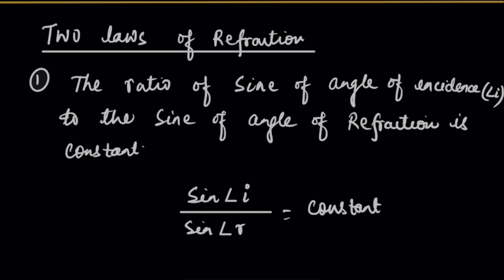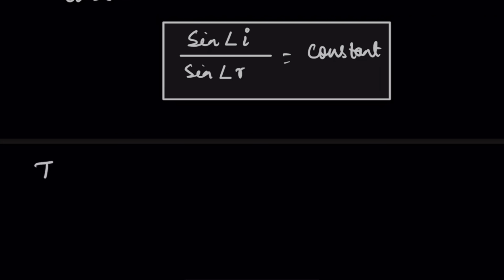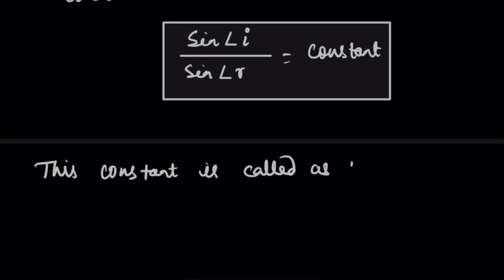This constant is called the refractive index, and it is represented as n or mu.